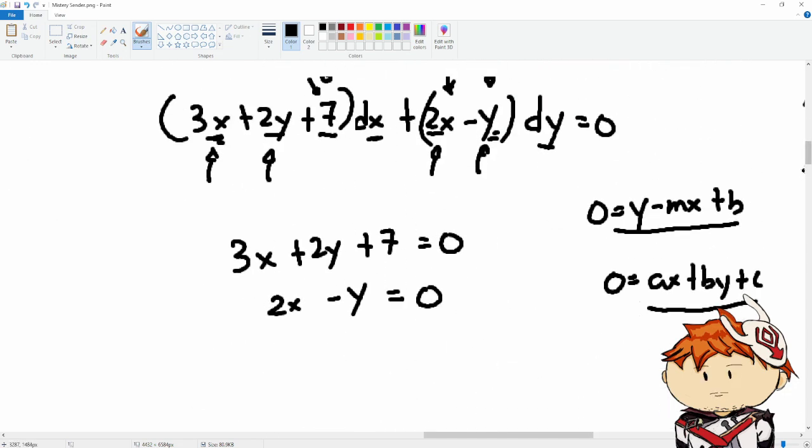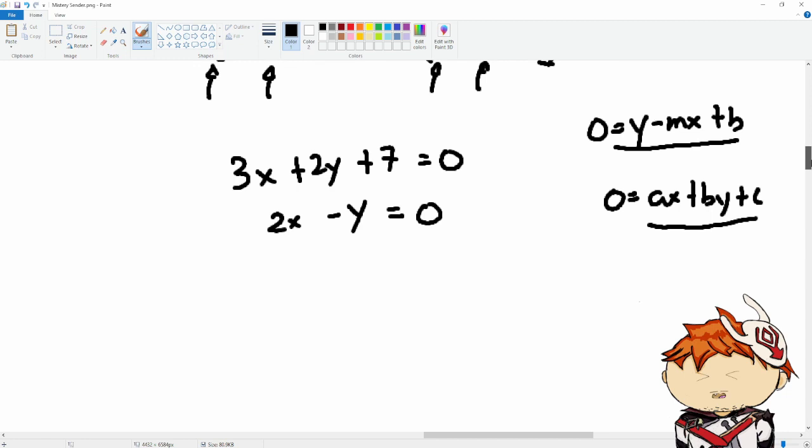Right? Type 9. And by type 9, we basically find the intersection of the 2 lines. This is your m, this is your n. We find the intersection. Okay, so first off, 2x is equal to y.